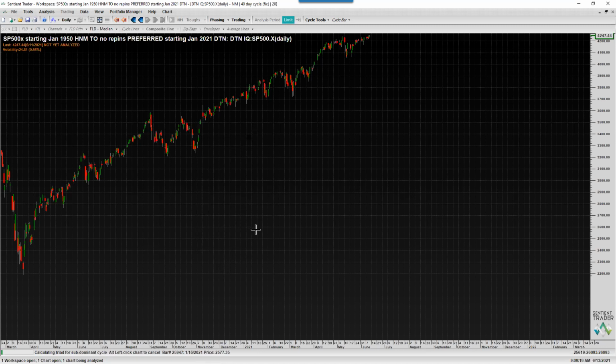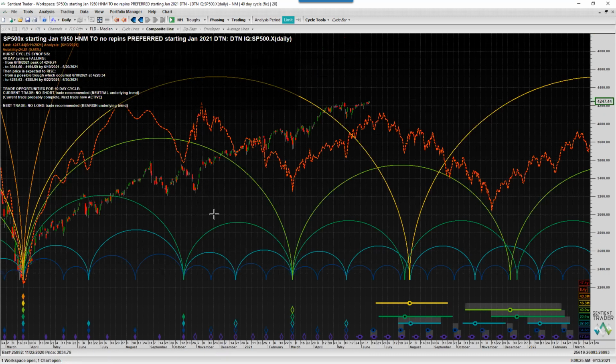But the really interesting thing that it is suggesting, at least on the S&P, is the 40-week cycle trough here did not occur on Halloween or November 1 of last year, that it actually occurred around March 4 of this year.